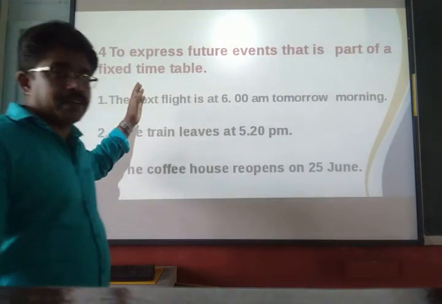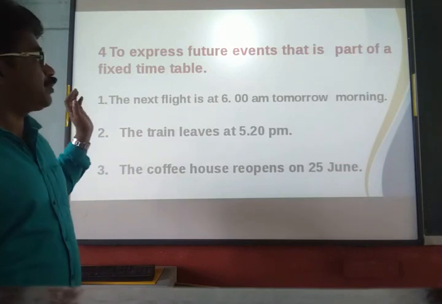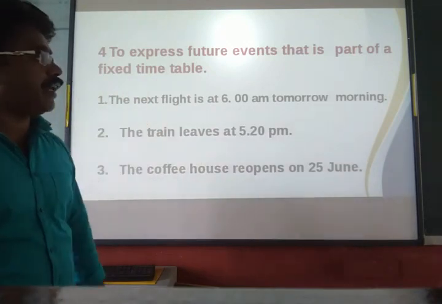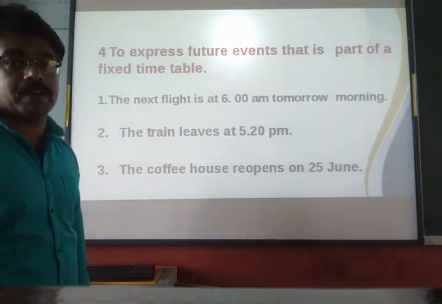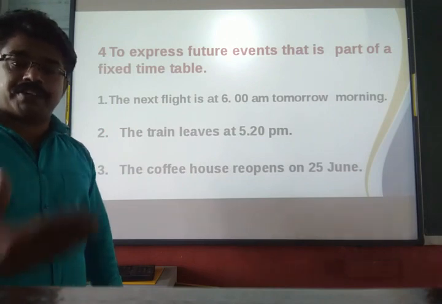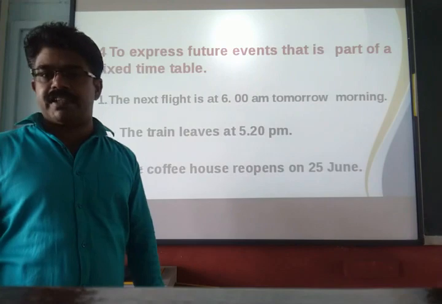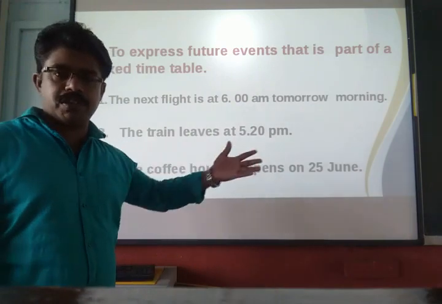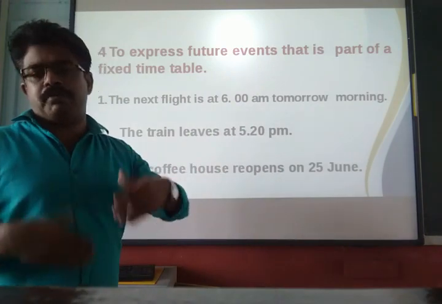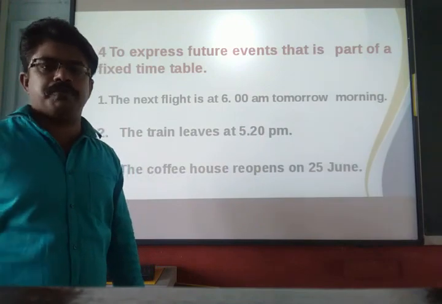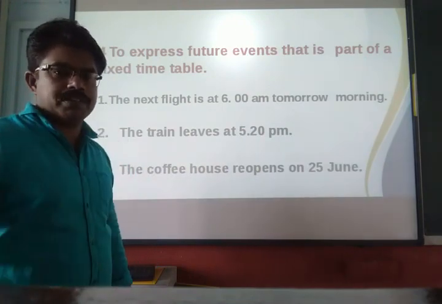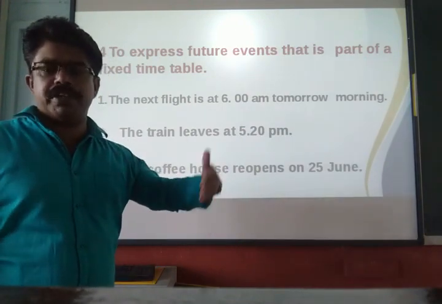The fourth one given here: to express future events that are part of a fixed timetable. Future actions. It is not necessary that we need to use a future tense there. We can use it, but I am not speaking about a long future activity, but an activity which is about to take place in the near future.